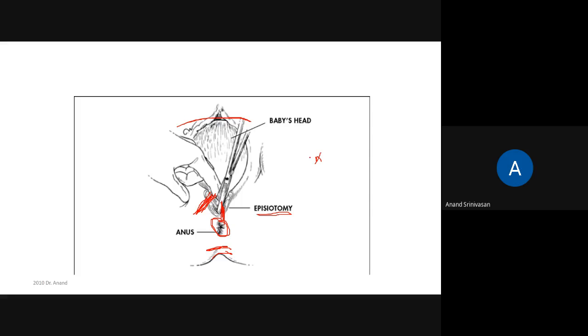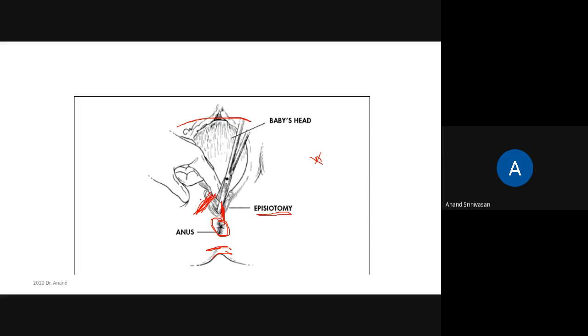You should give a mediolateral incision, so that the vestibule is now quite bigger, and you can deliver the baby using forceps or the vacuum. This is important.